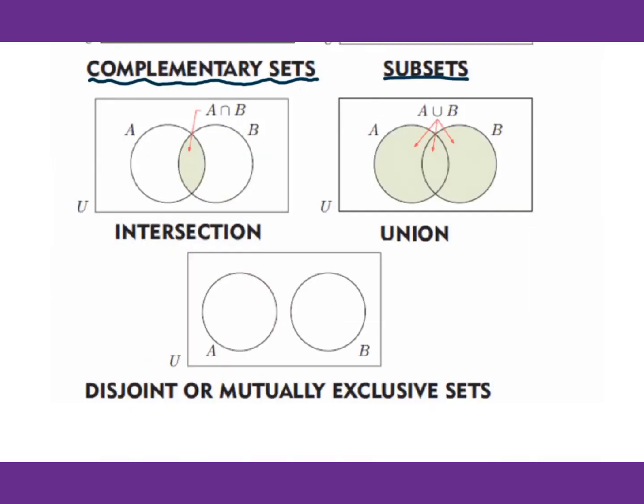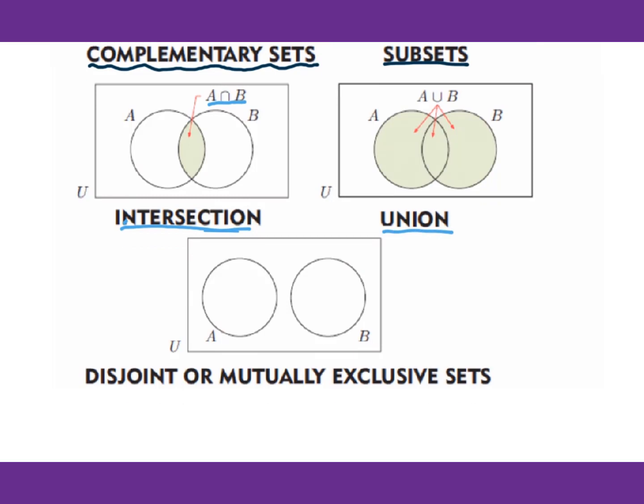We also have an intersection. A intersect B is the elements both in A and B. We have a union set. A union B means everything in set A and B counts.